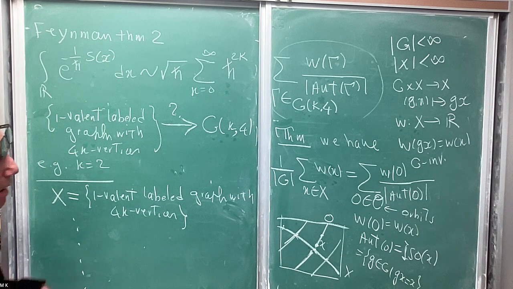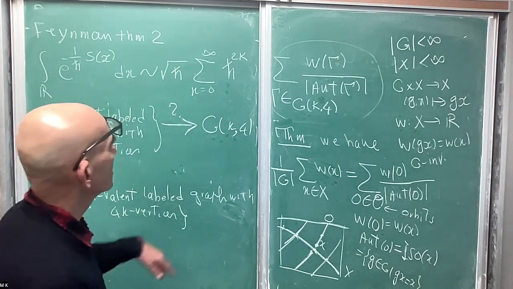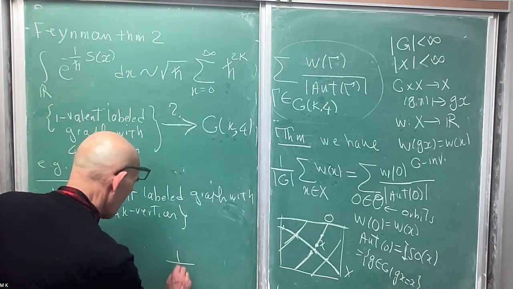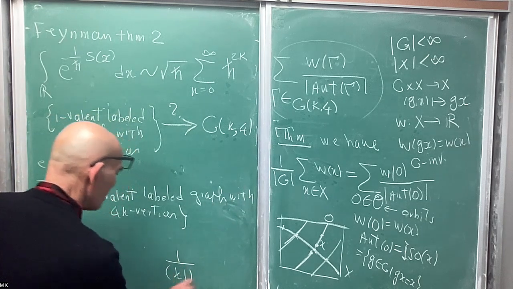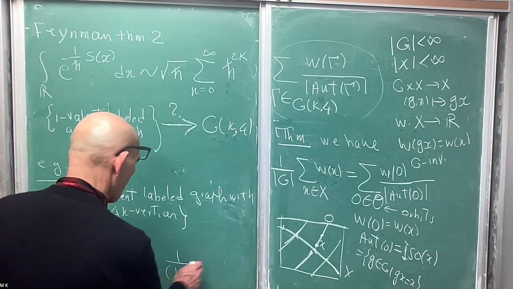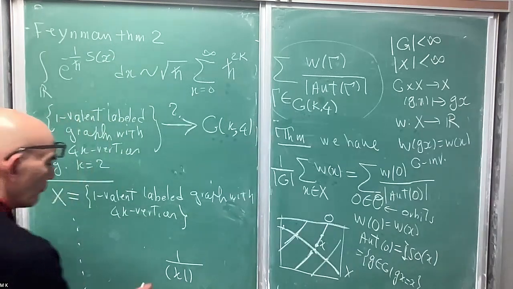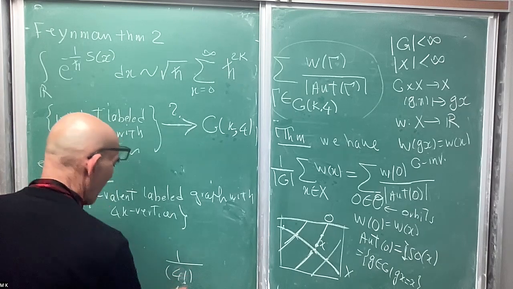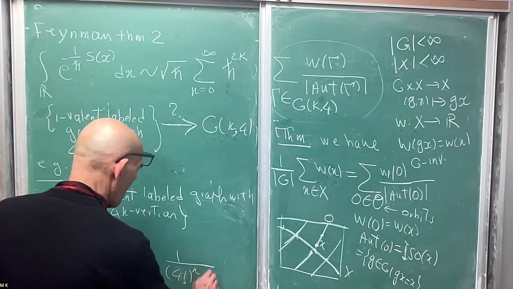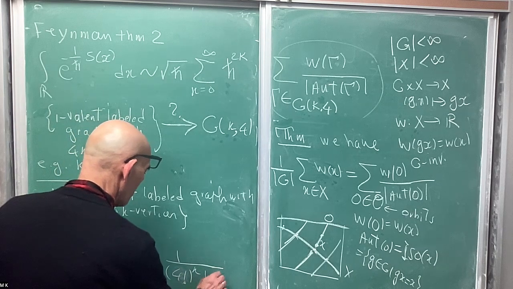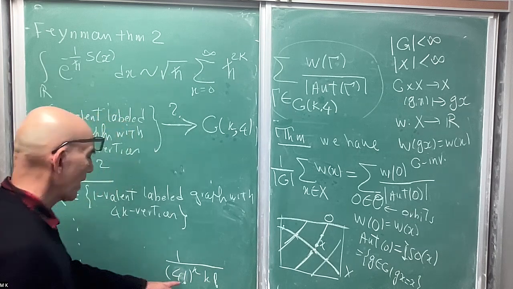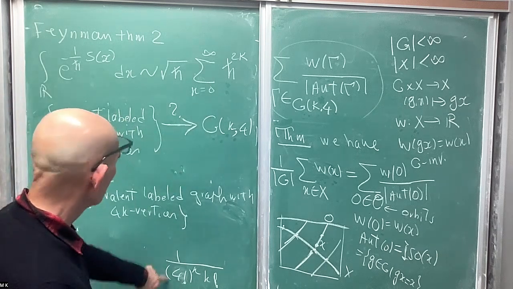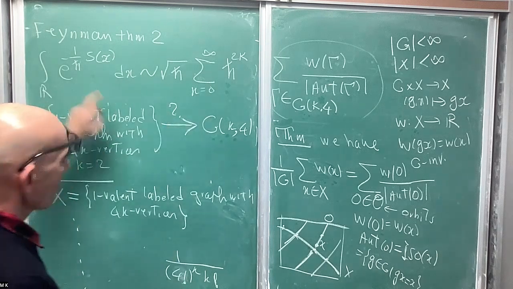So now that number that I had over there, 1 over K factorial to the power, what was that number? 4 factorial, sorry. 4 factorial to the power K over K factorial. So we had this weight on the left-hand side of this.